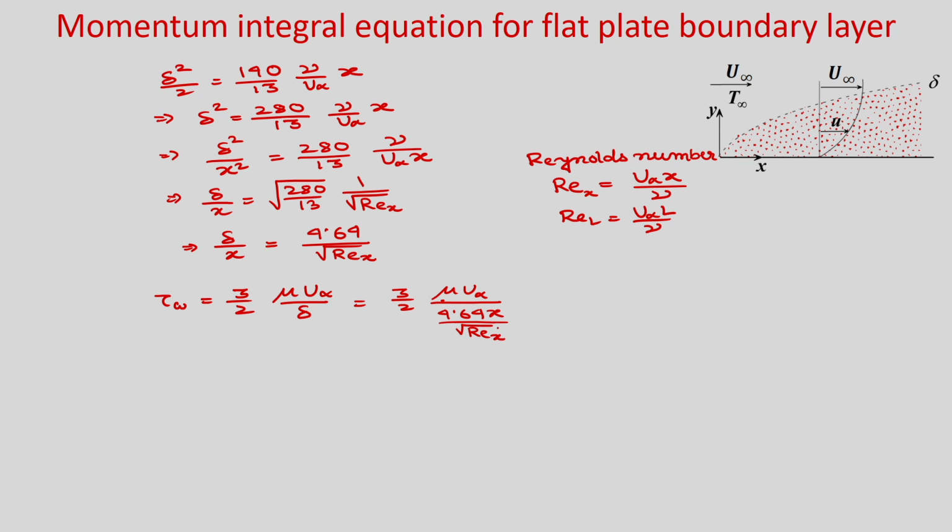Now you can write tau w by half rho u infinity square, which is your friction coefficient Cf, as 3 by 2 mu u infinity divided by half into rho u infinity square, times root Re x divided by 4.64 into x.